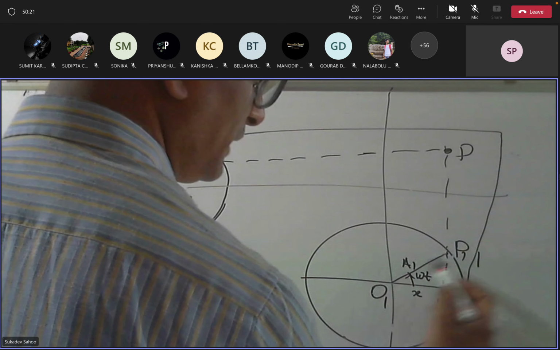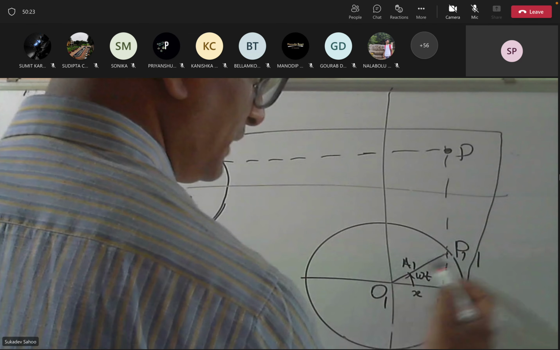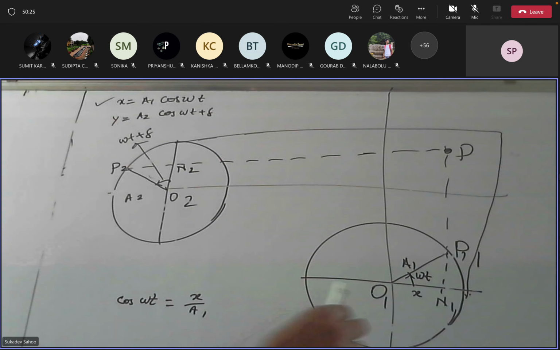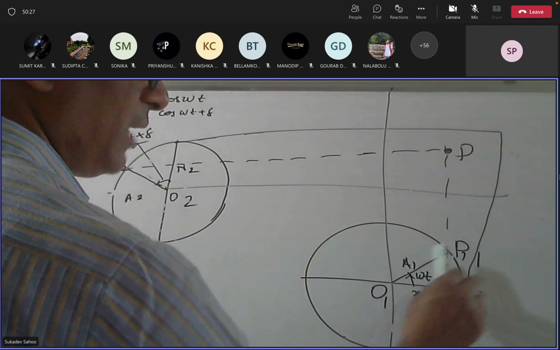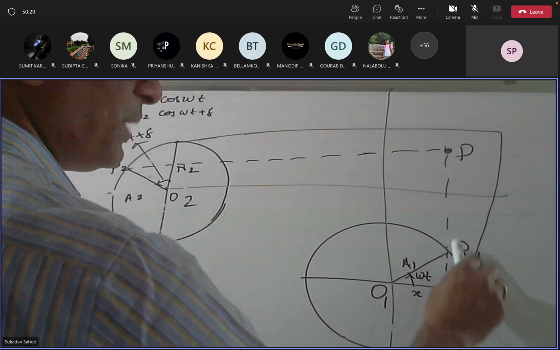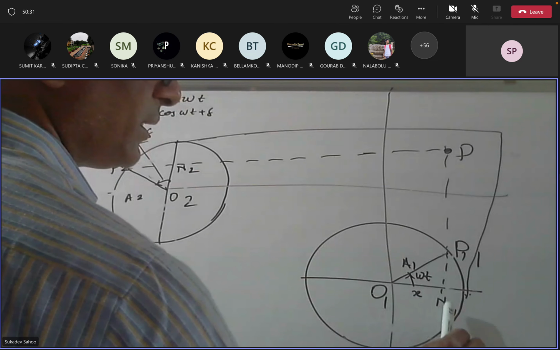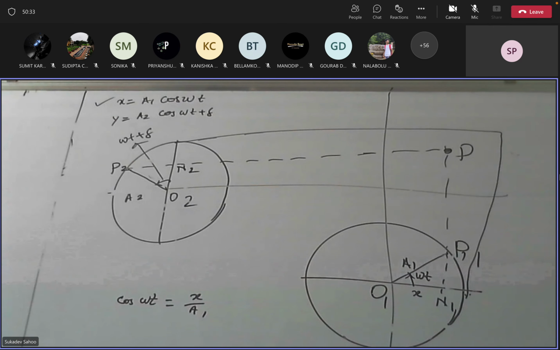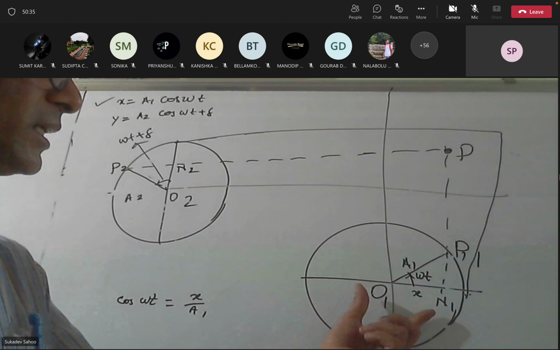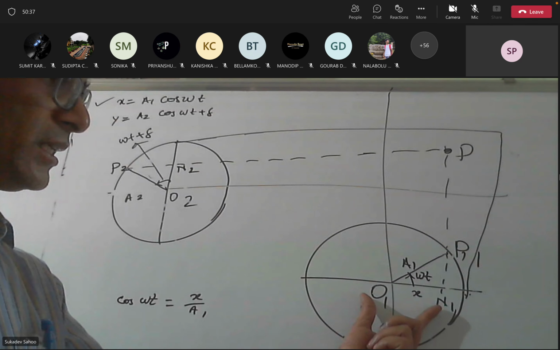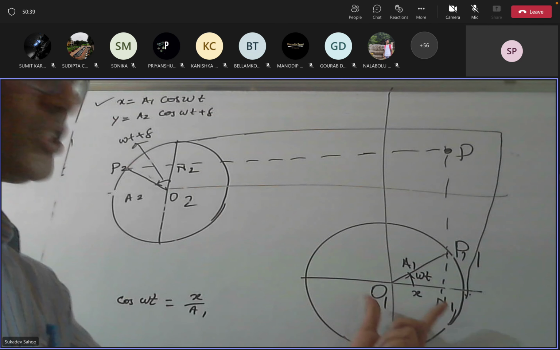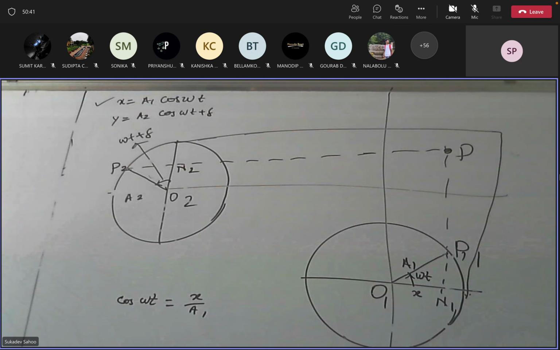Now suppose the point is at P1; the projection of O1P1, that is O1N1, represents the motion of the particle at any instant of time.